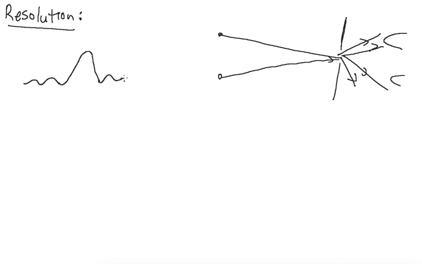So you have something like this for one of them, and then the other one could be like this. And you can see this would be you seeing object 1 and seeing object 2, and they would be resolved. So this would be a resolved image where the peaks weren't really overlapped.